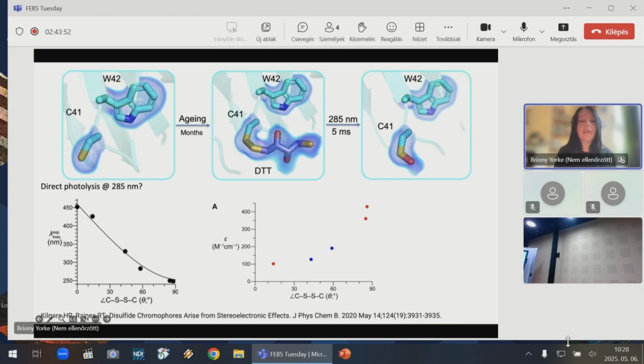We tend to think of disulfide bonds absorbing around 250 nanometers, but as the disulfide bond becomes more strained, the maximum absorption increases in wavelength, and the extinction coefficient drops dramatically.